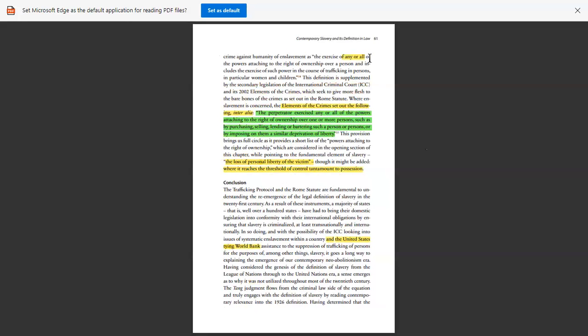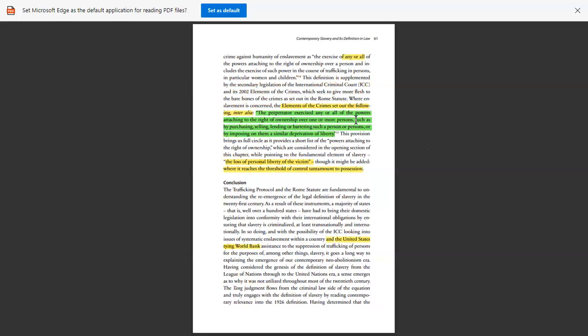So any or all shows up on the next page. So elements of the crimes coming out of this Rome Statute and all these other international criminal courts and conventions, based on their legislation, this one 2002, elements of the crimes set out the following. The perpetrator exercised any of the powers attaching to the right of ownership over one or more persons.